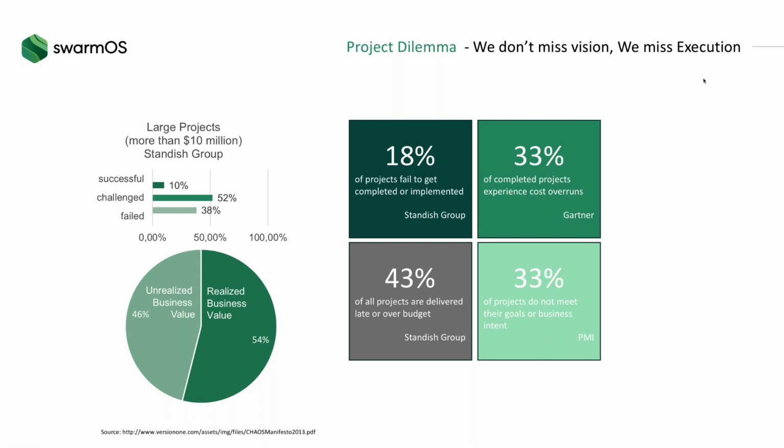If you look into very large business projects, the ratio is even worse. 38% are completely failing, 10% are called a total success, and 50% are roughly challenged. We have projects overrunning, getting implemented later, or not implemented at all.